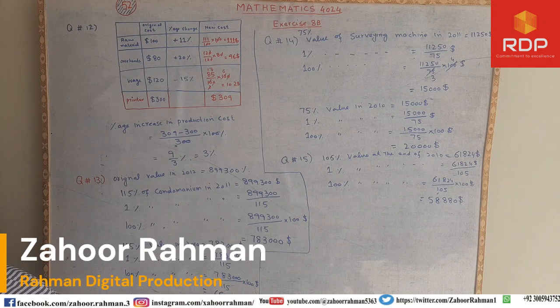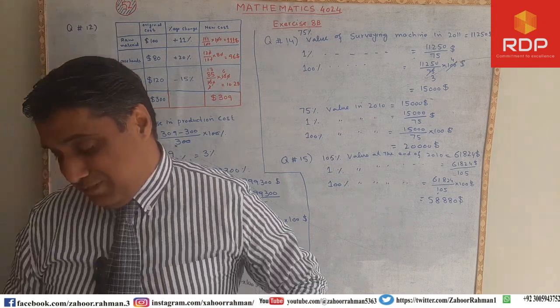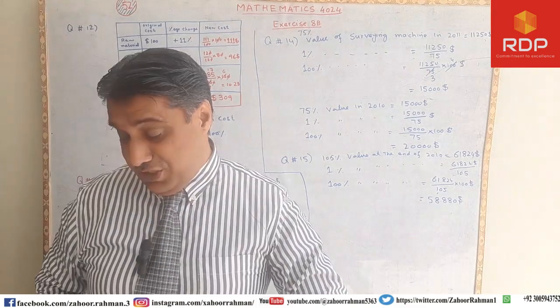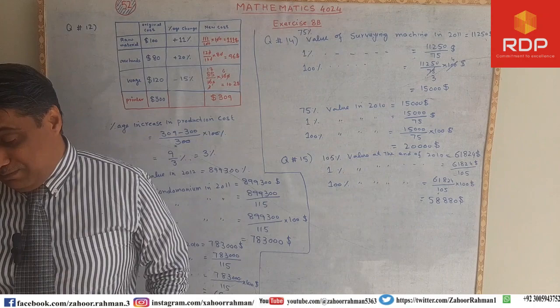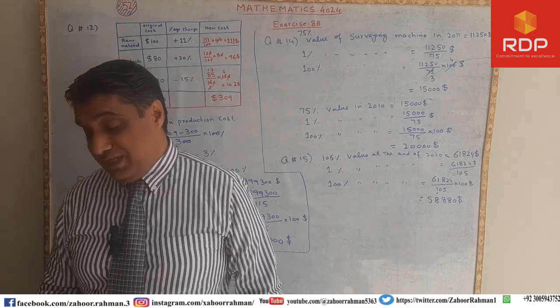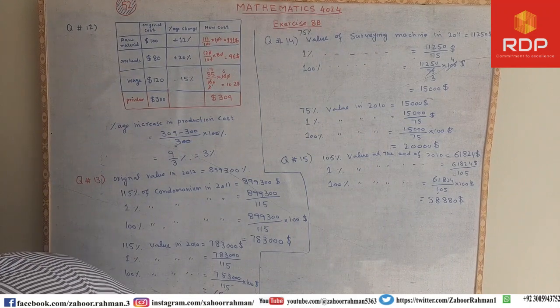92%, because 8% is decreased. Ladies and gentlemen, my eyesight is not that okay, so I have to go closer and see it in the book. It is a bit away from me, so excuse me for that.